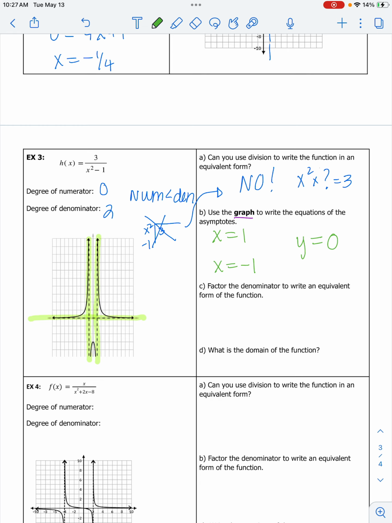Okay, let's see if we can make those numbers show up in our equation somehow. Well, our equation is 3 divided by x squared minus 1. We weren't able to divide it, but could we factor it instead? If we factor the denominator, we can use our difference of squares pattern. X squared minus 1 turns into x plus 1 times x minus 1. And what do you know?